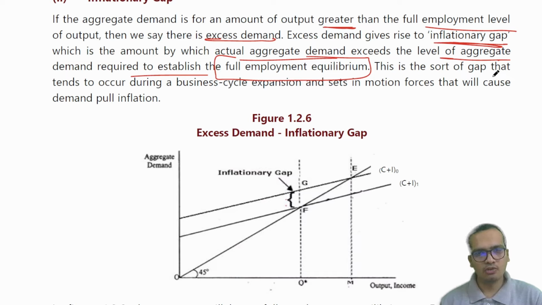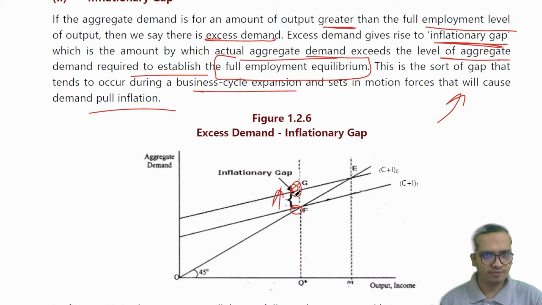This is a sort of gap that tends to occur during a business cycle expansion growth phase and sets in motion what will cause demand-pull inflation. Currently we are here and we aim for this, and the gap is called the inflationary gap.